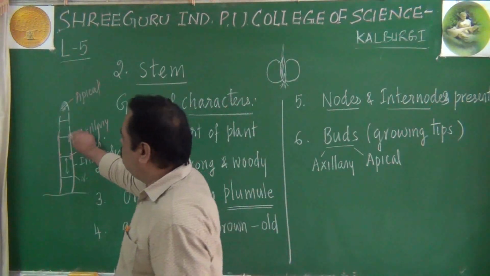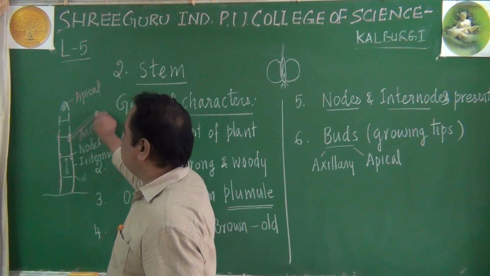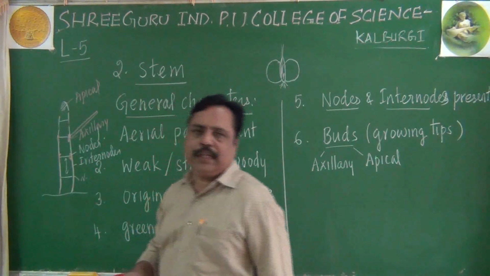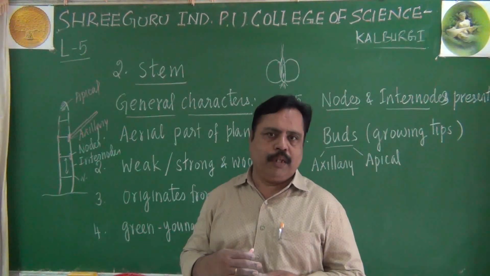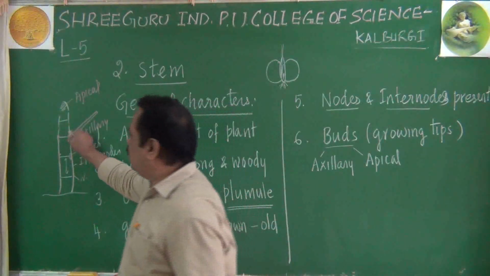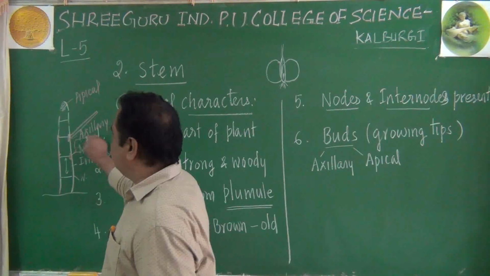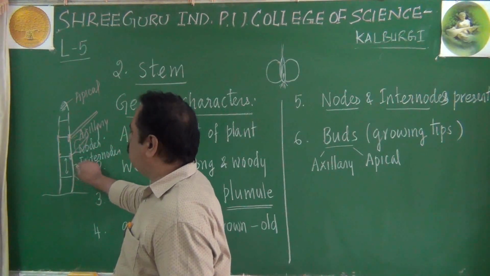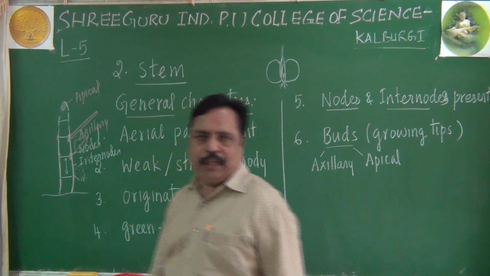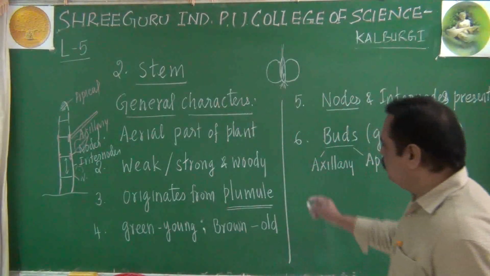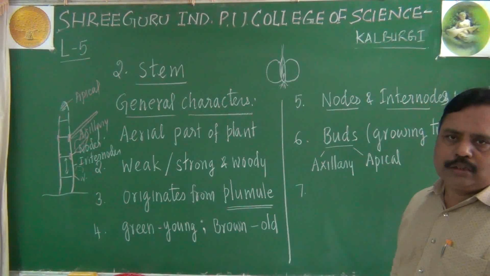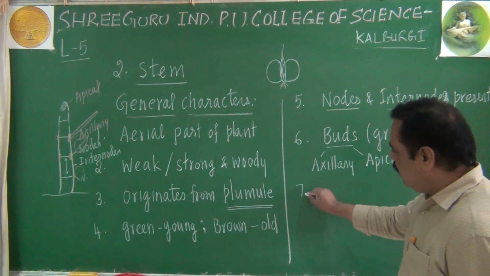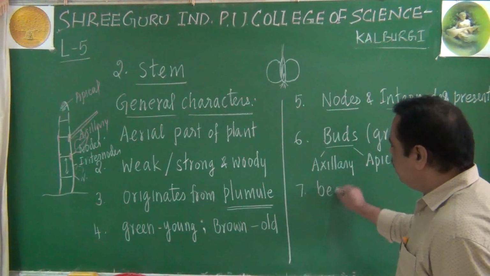From the axillary bud only, branches of the tree will be arising. So branches are formed by axillary bud. Leaves are formed by axillary bud like this. Okay, remember, flowers are produced by axillary bud. So in the stem, I can tell you about a seventh general character also. A stem will be having, or it will bear.